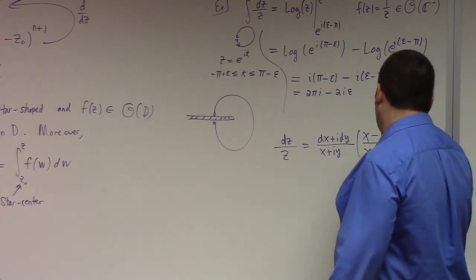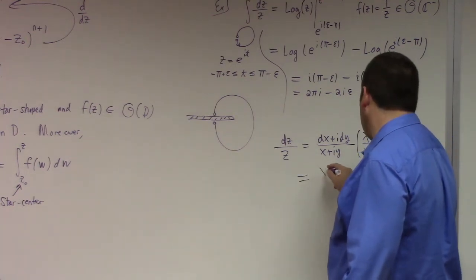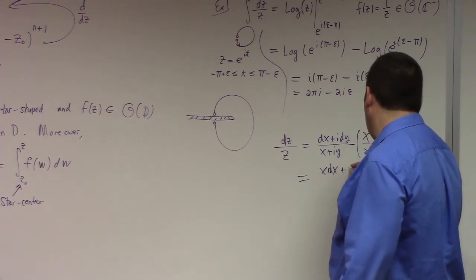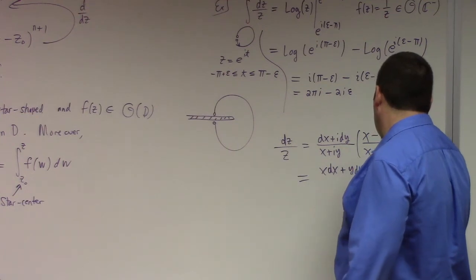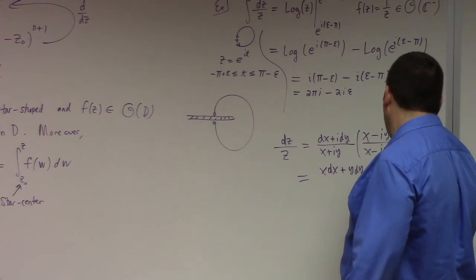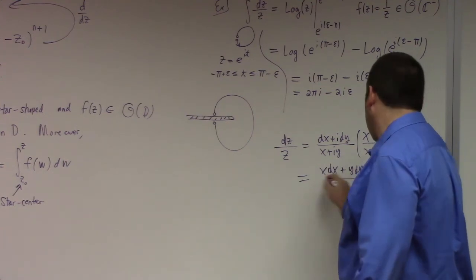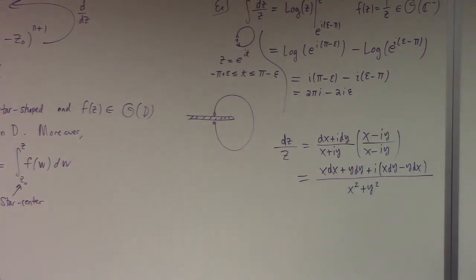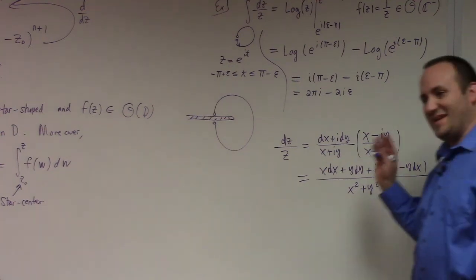You'll find out I'm really a creature with very limited imagination, because what you're looking at is x dx plus y dy, plus i times (x dy minus y dx), all divided by x squared plus y squared. The imaginary piece of this is the form I pointed out to you was closed but not exact on the unit circle. This is the same example I showed you before.